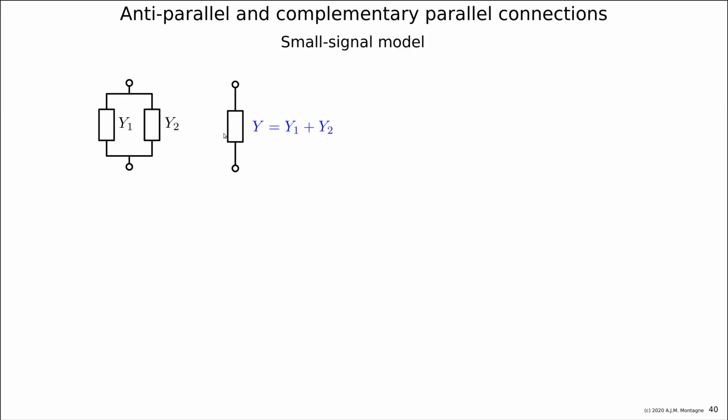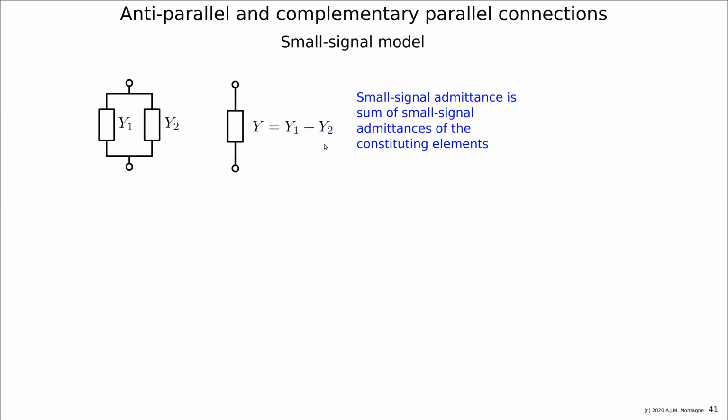So if both devices are in the same operating point, Y1 will be the same as Y2. So the small signal admittance is the sum of the small signal admittances of the constituent elements, just as the small signal impedance was the sum of the small signal impedances of the constituting elements with series connection. This is just simple network theory. And if they are both equal, then you might as well write this.